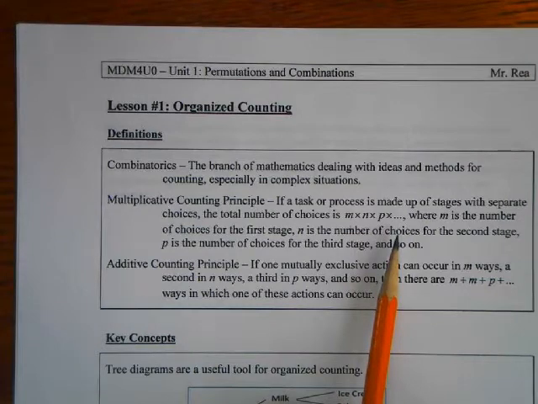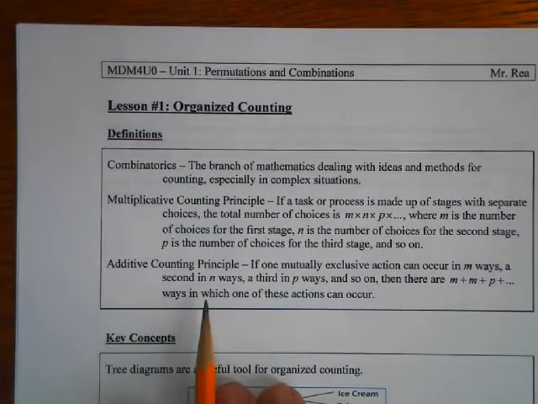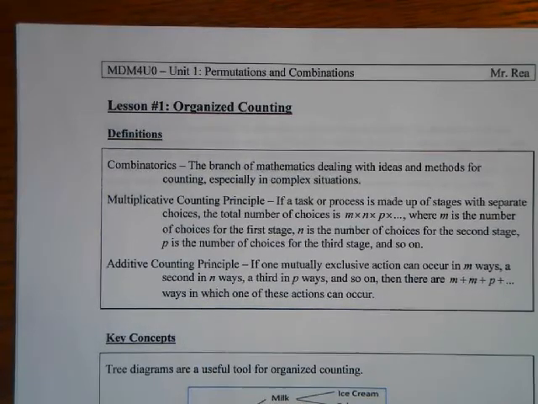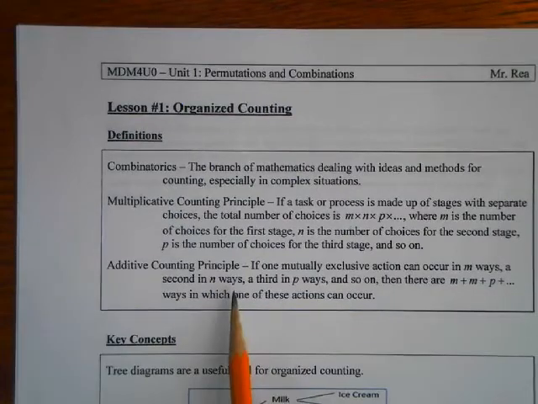There's also something called the additive counting principle, and this is where you have mutually exclusive actions. We'll do a couple of examples of this as well.